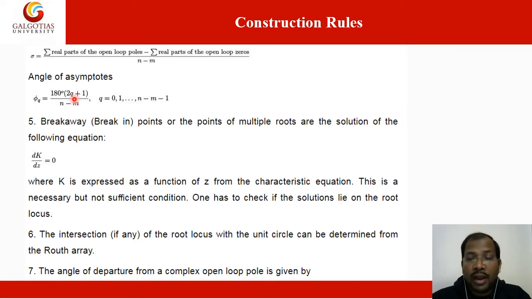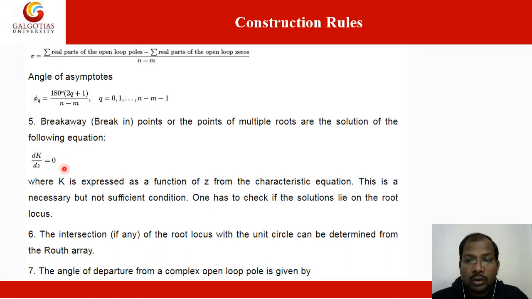So we can find dk by dz equal to 0. You already calculated the k term, so you have to write k as a polynomial equation in z, differentiate with respect to z, and equate it to 0.